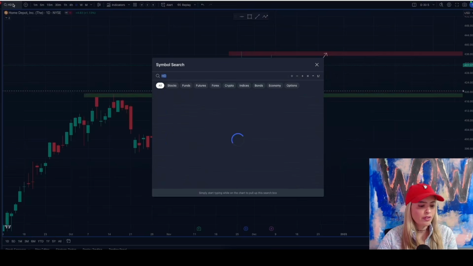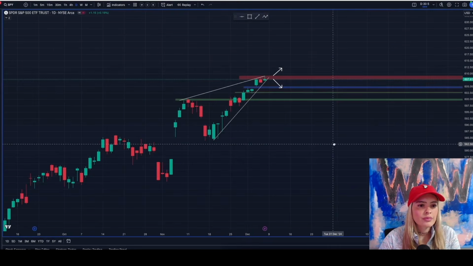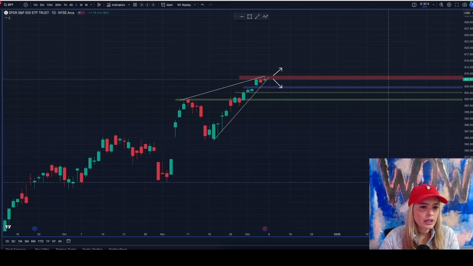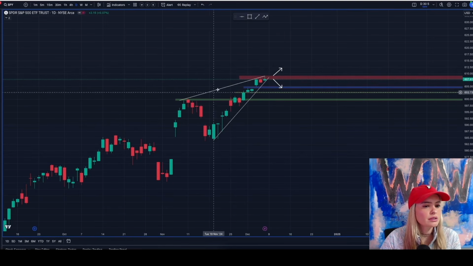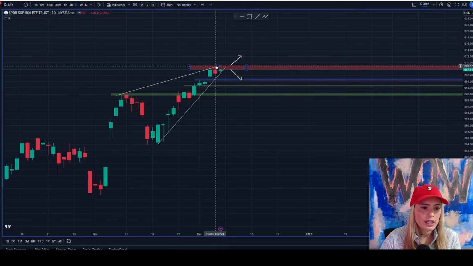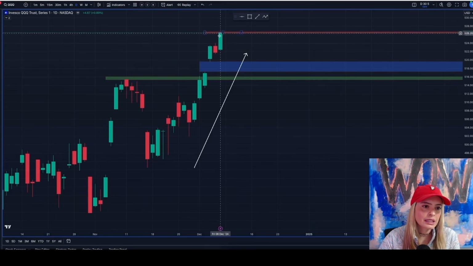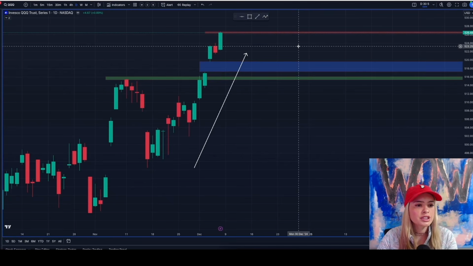So we have SPY, possible reaction play here. I don't know if this rising wedge is gonna play out, but it's definitely looking weak here. It's looking tired. The Q, I really like how this candlestick closed on the Q, very strong.